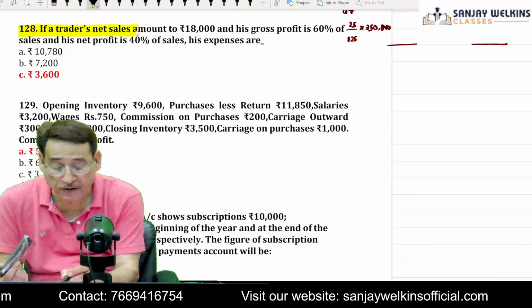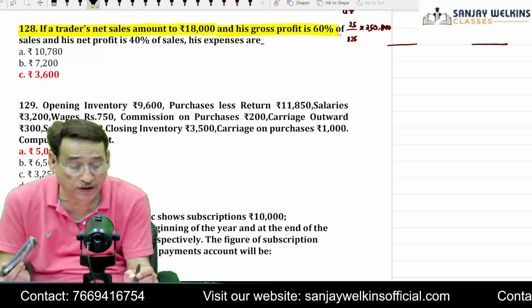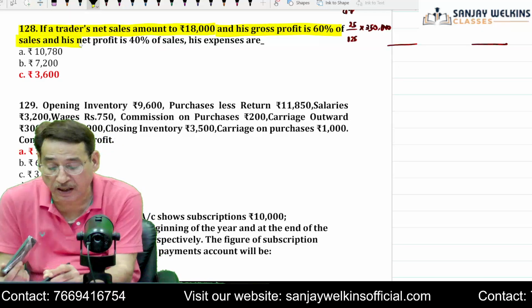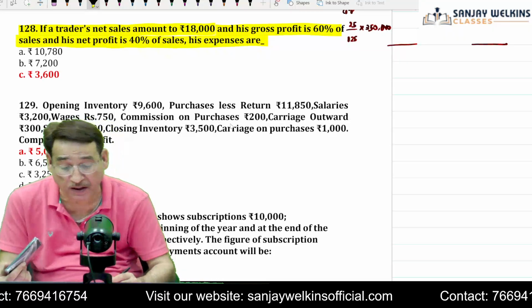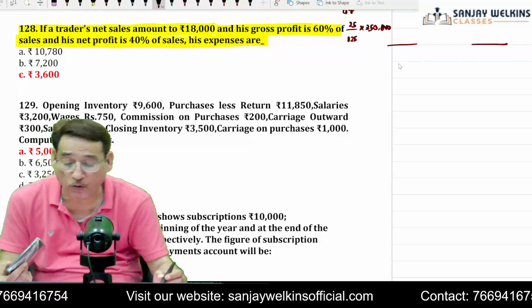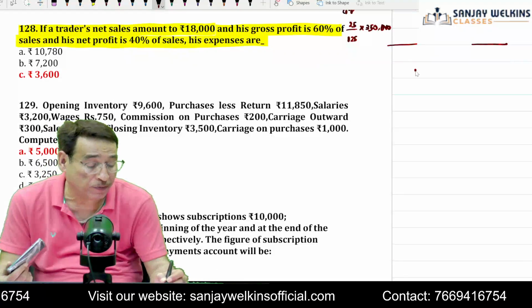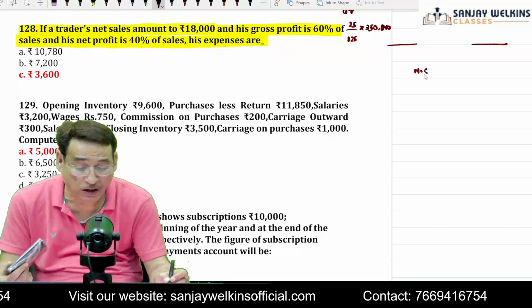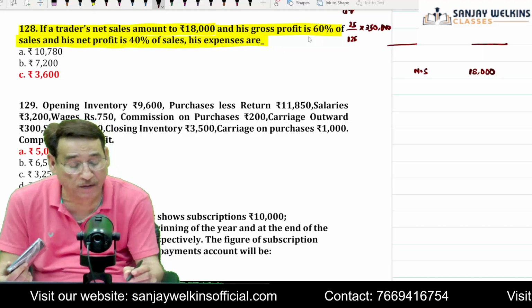If a trader's net sales amount to 18,000 and his gross profit is 60% of the sales and his net profit is 40% of the sales, his expenses are. Now in this particular question, first of all, it is stated that net sales is equal to 18,000. Fine. Net sales 18,000.